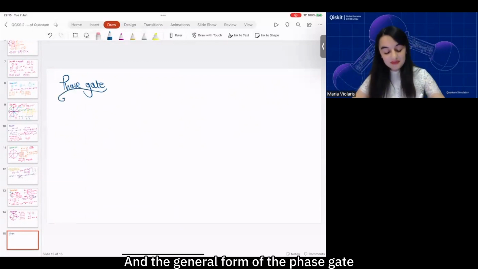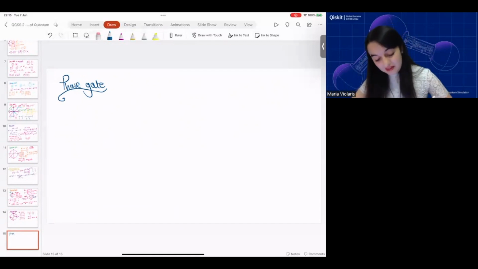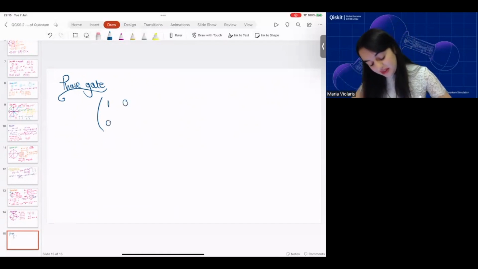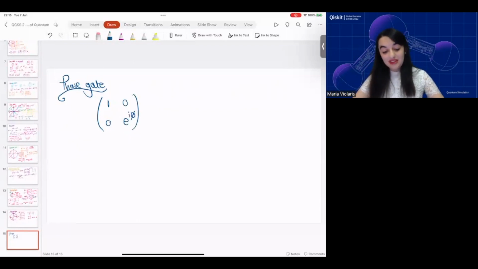The general form of the phase gate is 1, 0, 0, e to the i phi as a matrix.